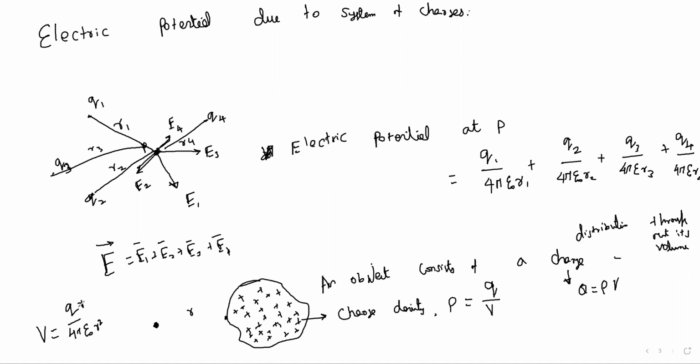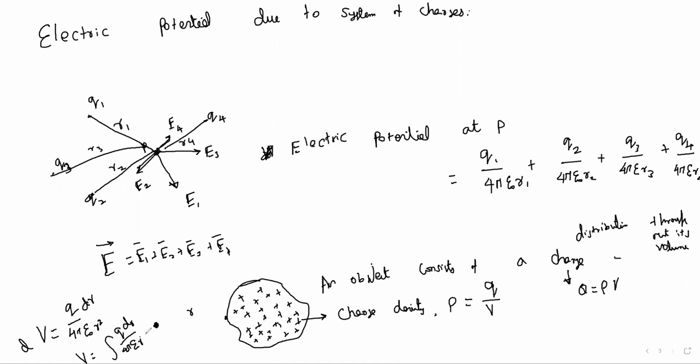Then for a small charge dq, what is the work done? From that you have to do the integration, or take it like this, q into dr. For a small distance r, what is the work done? Then from that you have to integrate over the entire thing.